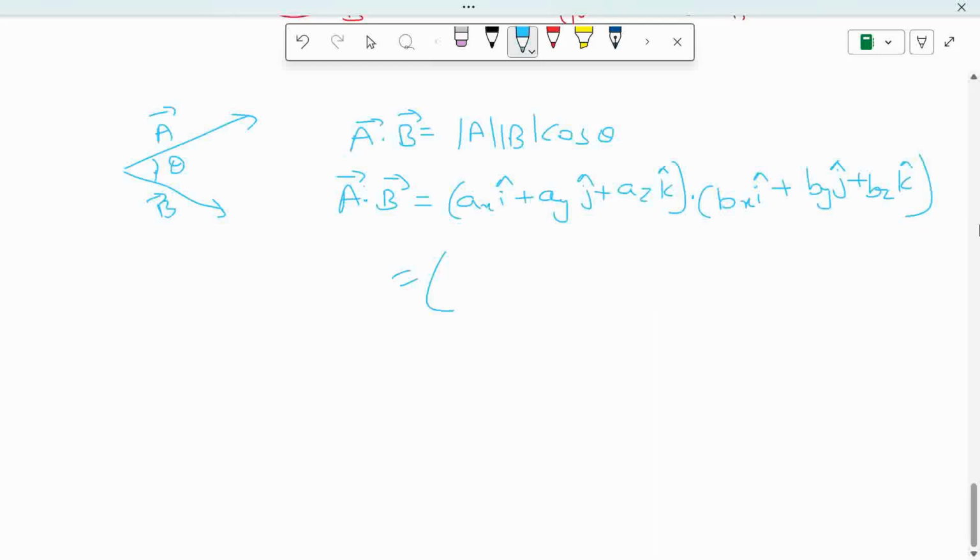Now here i cap, j cap, k cap are also vectors.